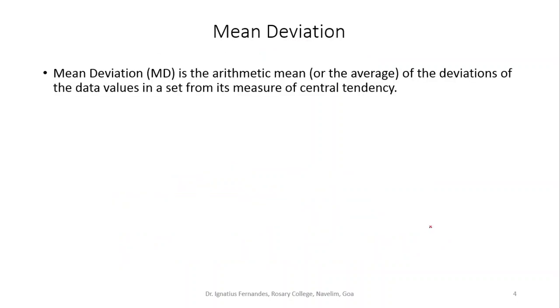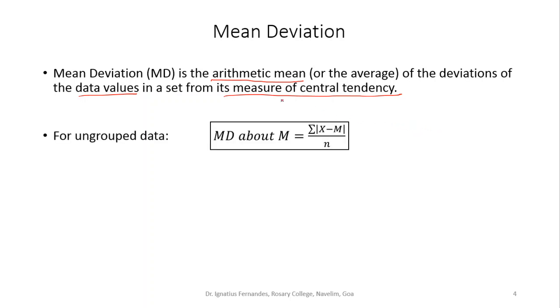So the mean deviation is the arithmetic mean, the average of the deviations of the data values from its measure of central tendency. Depending on which measure of central tendency we are looking at, I have mean deviation about M as summation |x minus M| upon n.